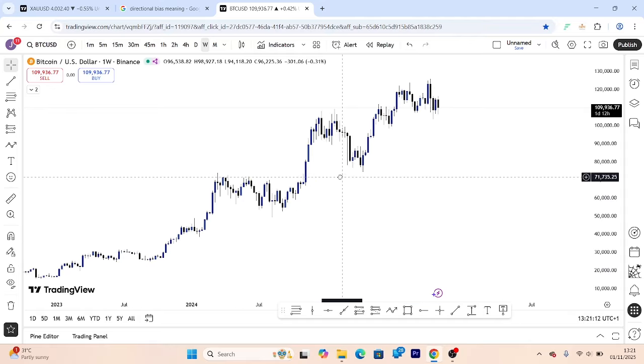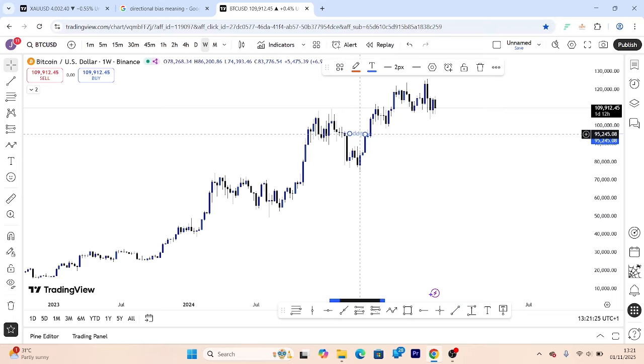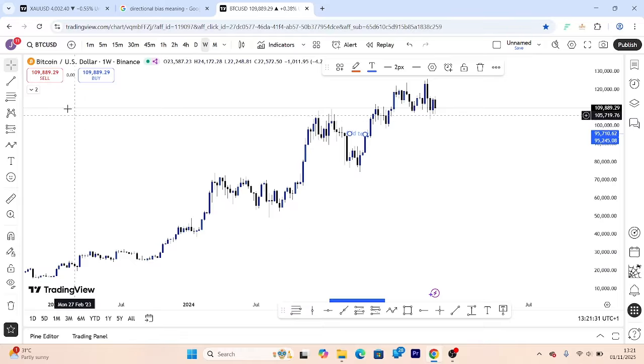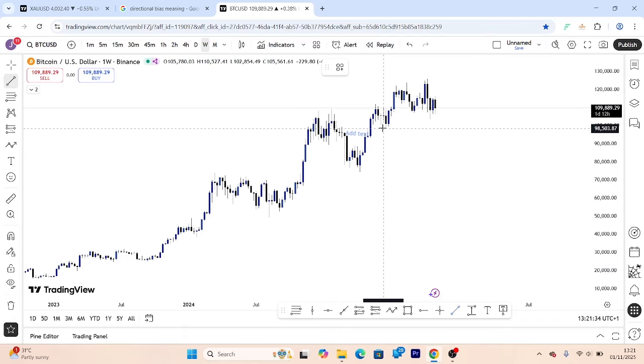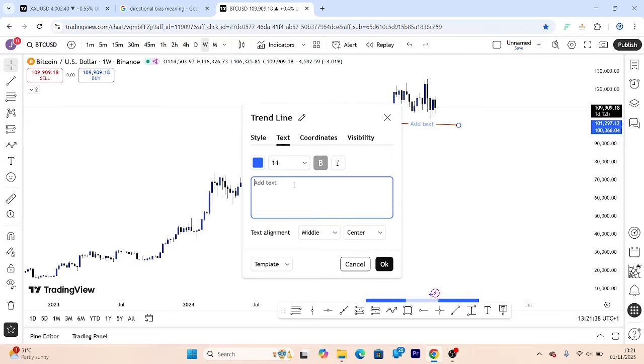As you can see here, the market has done a break of structure at this level, and another break of structure here. Then this is the inducement.